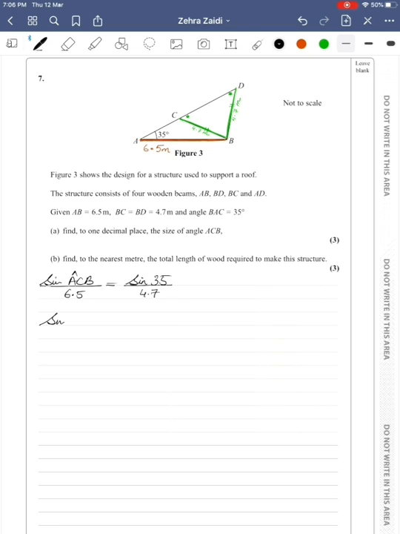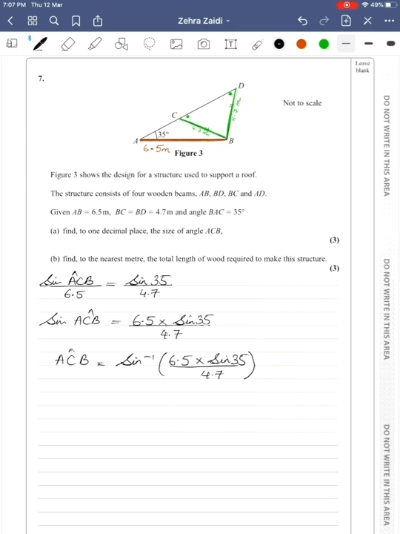Therefore, sine of angle ACB is equal to 6.5 times sine 35 divided by 4.7, and therefore angle ACB is equal to sine inverse of 6.5 times sine 35 divided by 4.7. We calculate this using the calculator.